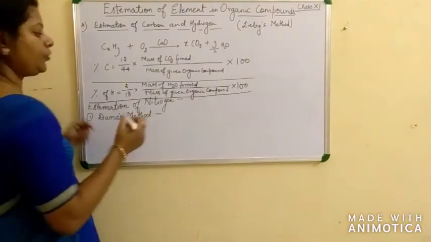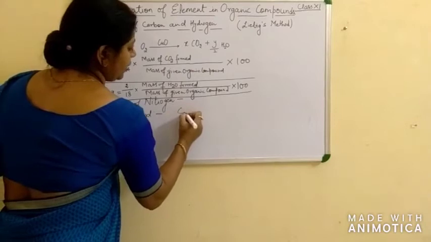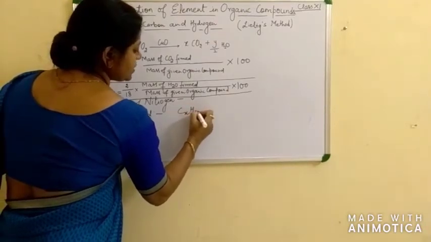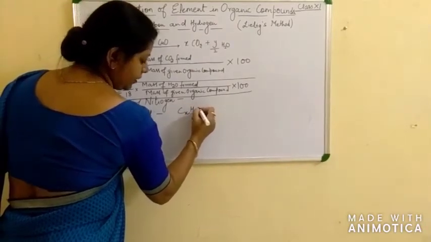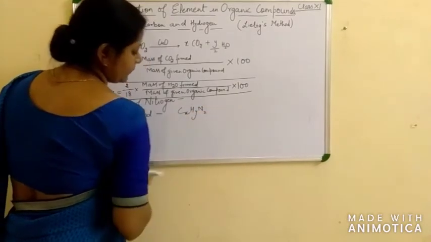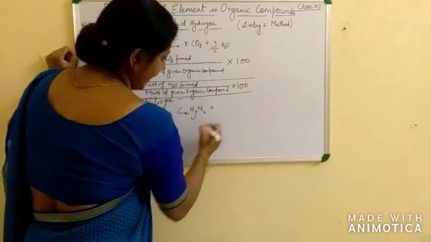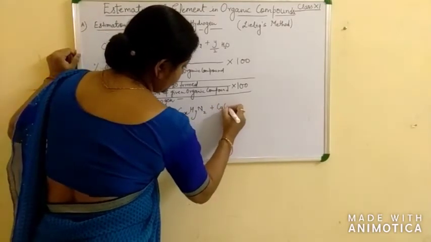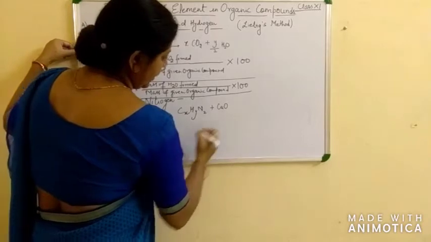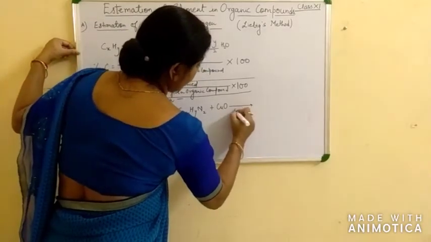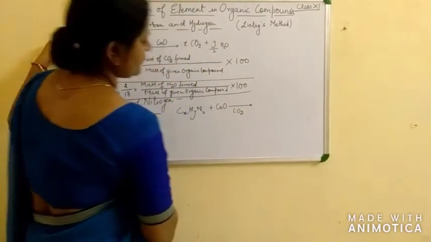In the first method, the Dumas method, if the organic compound is CxHyNz, we have to heat it in excess of cupric oxide in presence of carbon dioxide.